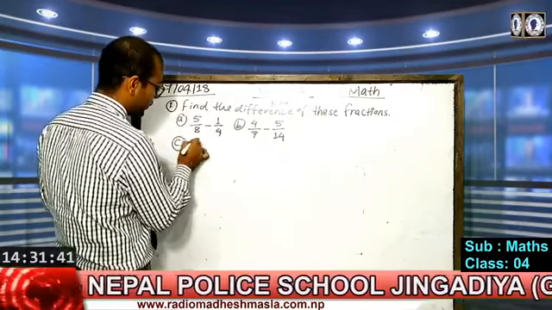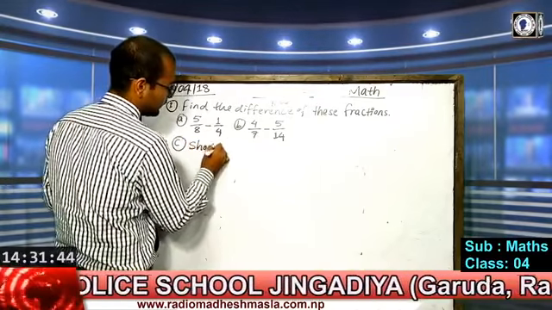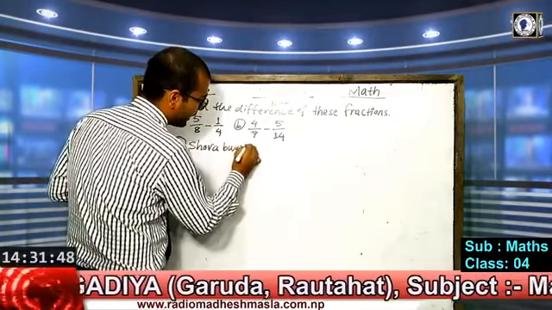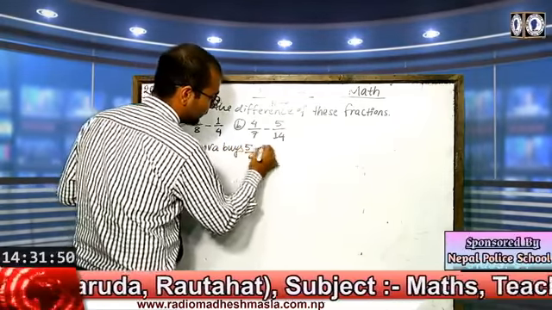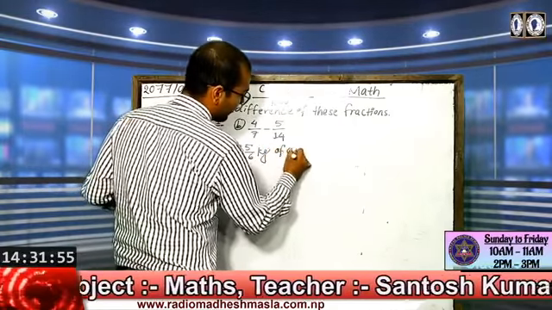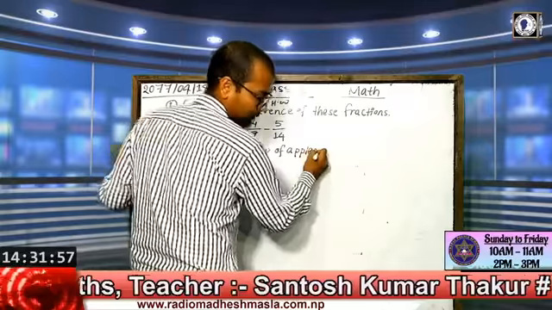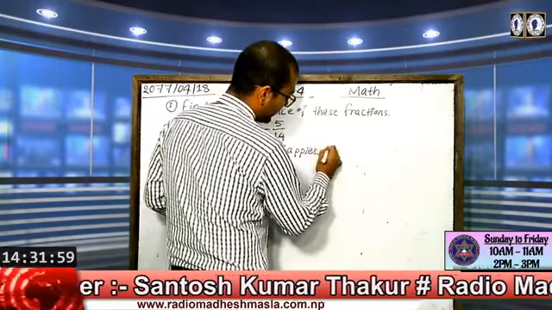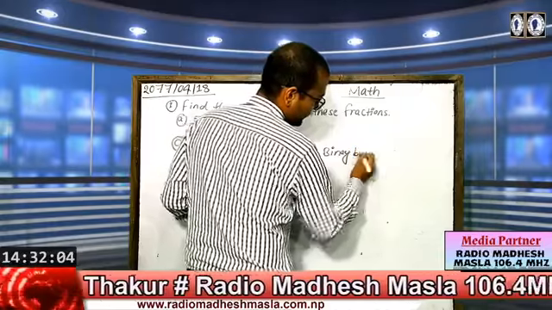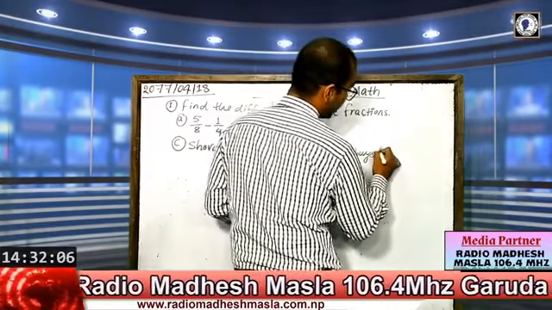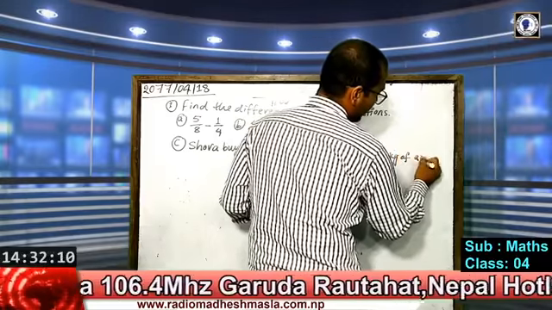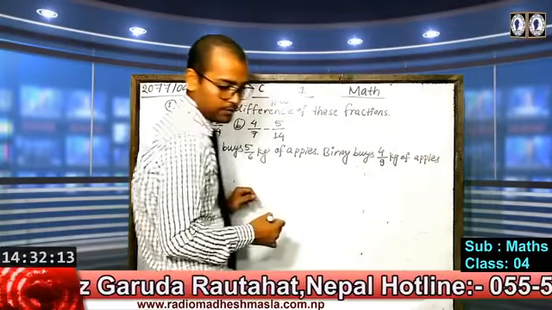Question number C: Shobha buys 5 by 6 kg of apples. Binay buys 4 by 9 kg of apples.